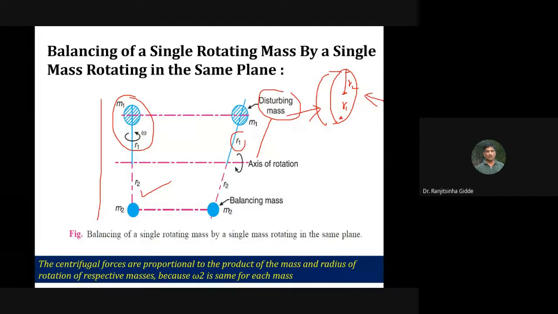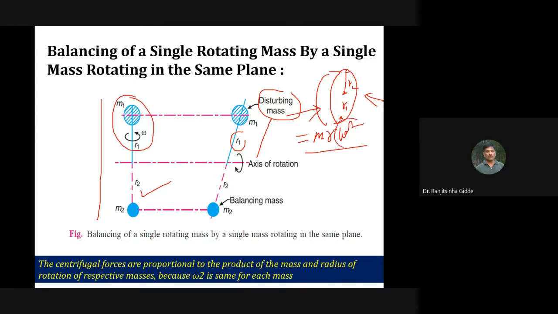The centrifugal forces are proportional to the product of mass and radius of rotation, because omega is the same for each mass. Generally centrifugal force is given as m r omega square.